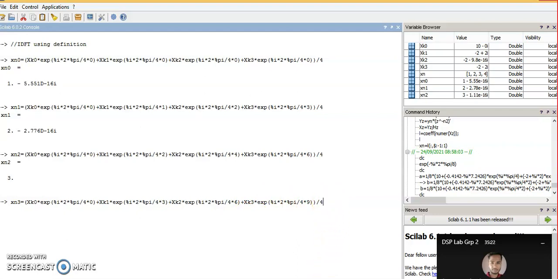What will be its value? 4. So it is coming out to be 4. So 1, 2, 3 and 4. So this is how we can move from k domain to n domain and n domain to k domain.